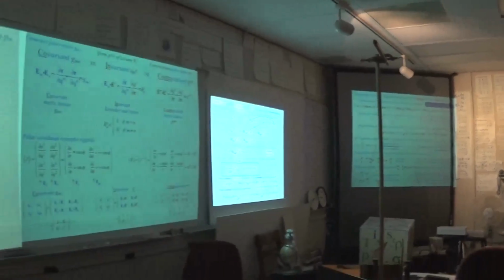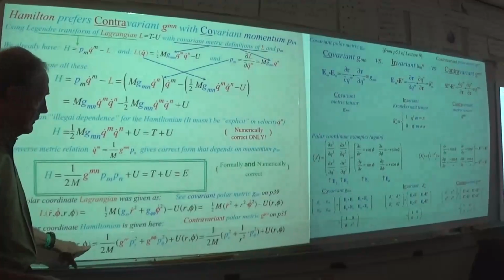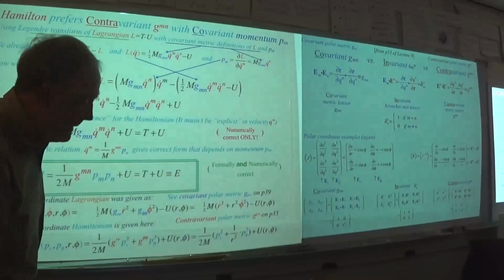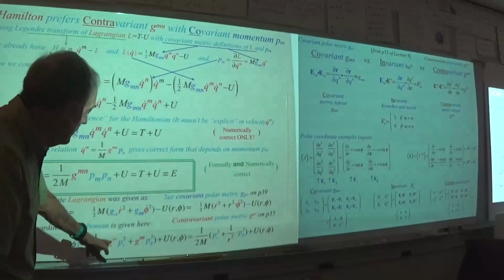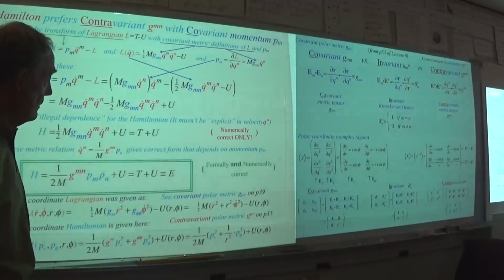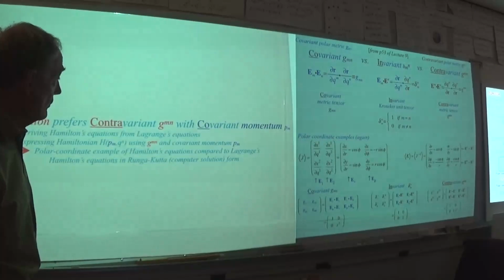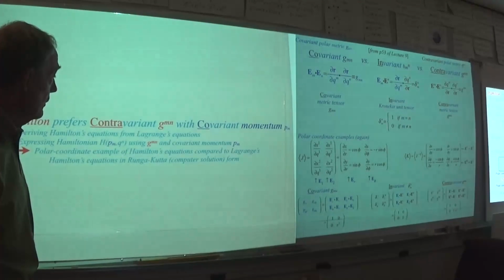That's stuff that came pretty easily here. Not so easy for this. Not so easy. And that's because it got these inverse, contravariant metric coefficients multiplying the momentum. So we're going to go ahead and get through that.